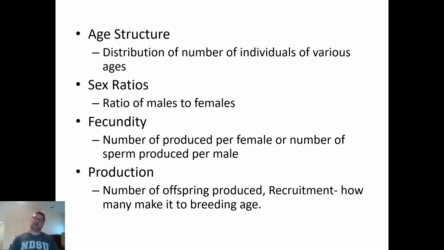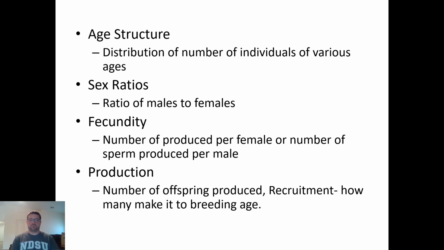Okay, but also you have to think about, well, is there recruitment going on? Okay, so are you recruiting individuals into that breeding population? Are they making it to the breeding age? Or is it being delayed? Is it being delayed due to habitat conditions? Is it being delayed due to increased stress? These kind of things.